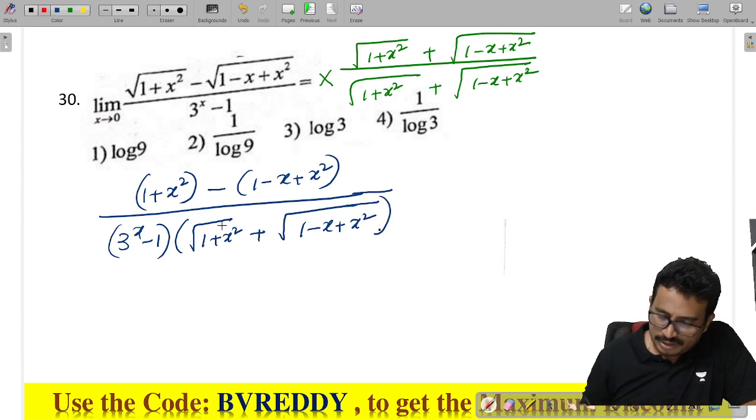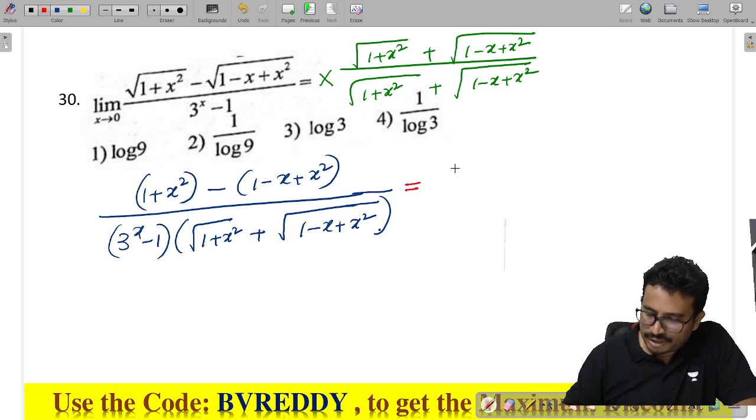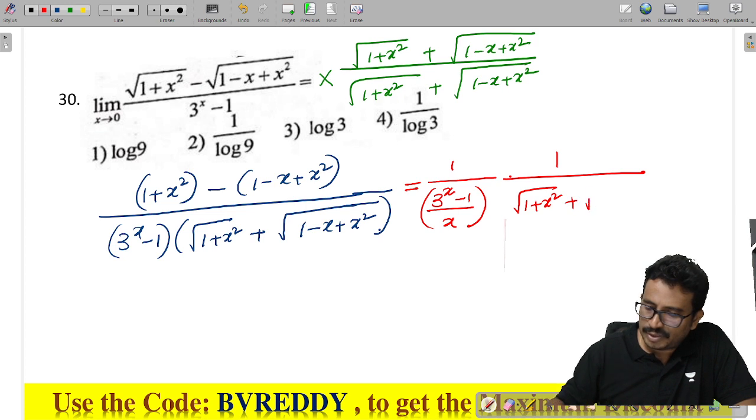Now I can say the 1 will get cancelled, and x square also will get cancelled. Only x is left out here. So I am modifying this as 1 by, 3x minus 1 by x, this is one term. Next, the remaining terms: square root of 1 plus x square plus square root of 1 minus x plus x square.